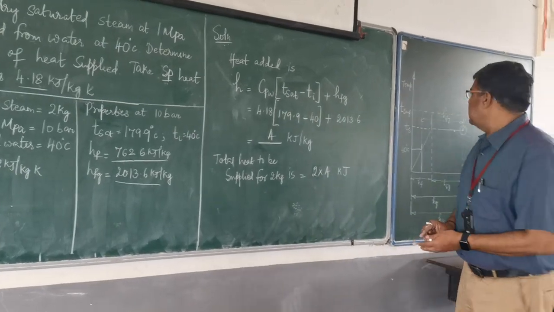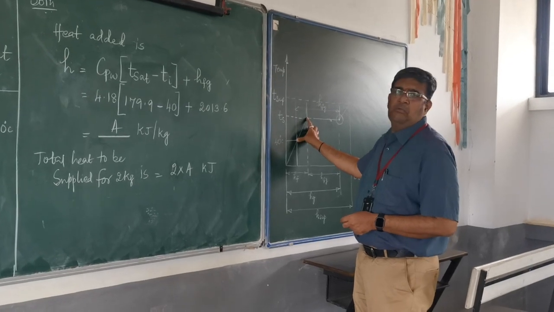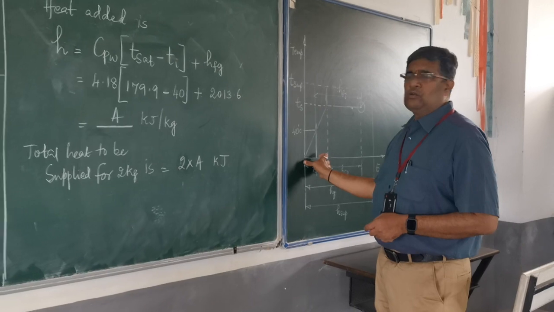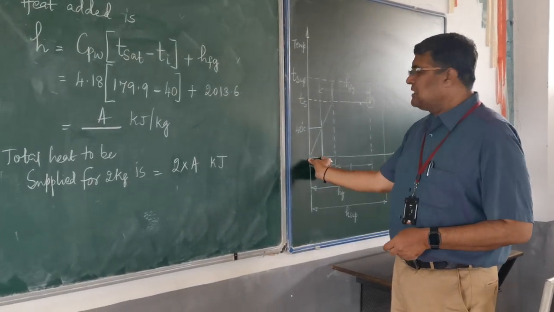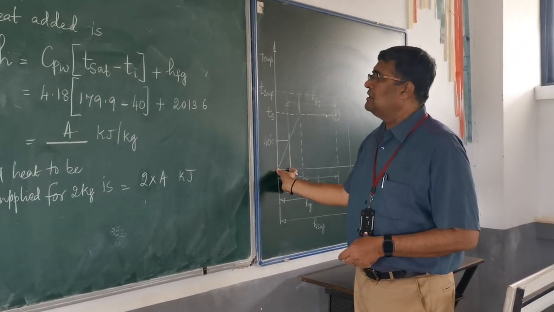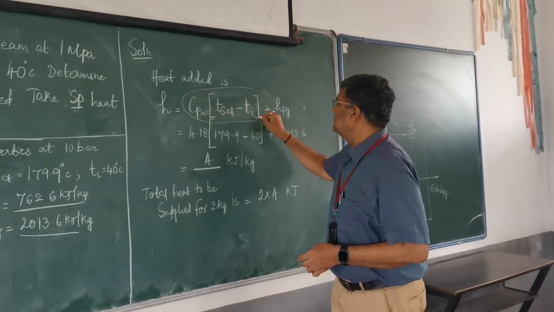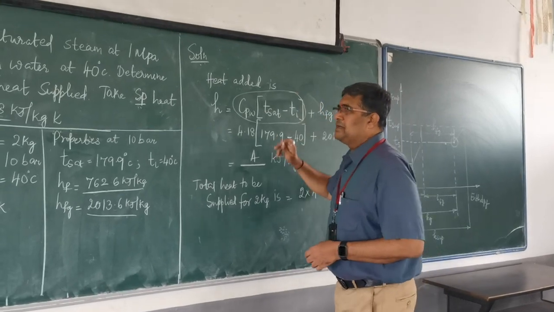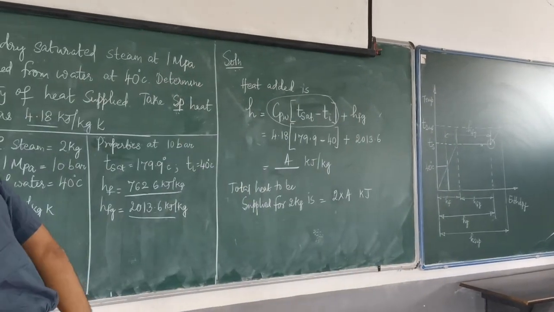Another way is, what I have done in this case is from here to here, how much heat is added is what I have chosen. Another way is that the value of HF is already known to you, so from HF you subtract this initial heat.